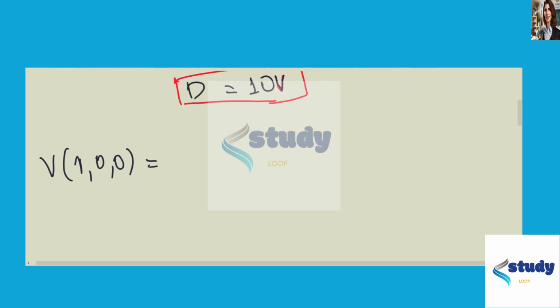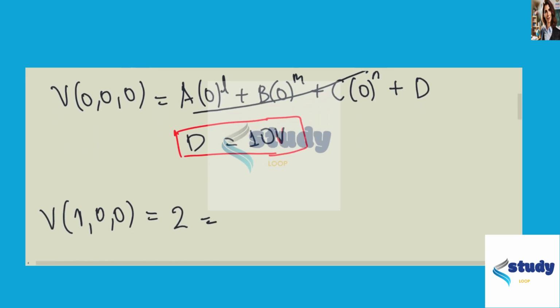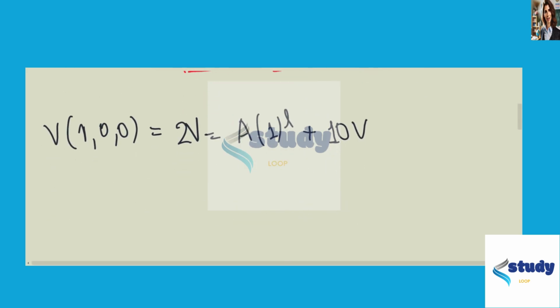So this should be equal to 2. Putting those values, we have A times 1 to the L, plus the other terms which are 0, plus D, which is 10 volts. Remember that this is 2 volts.